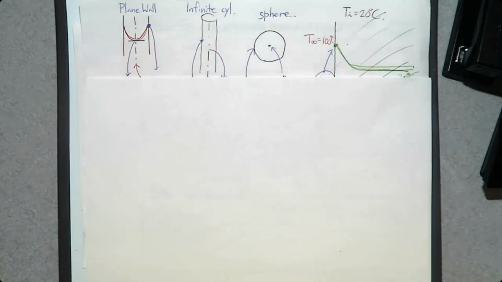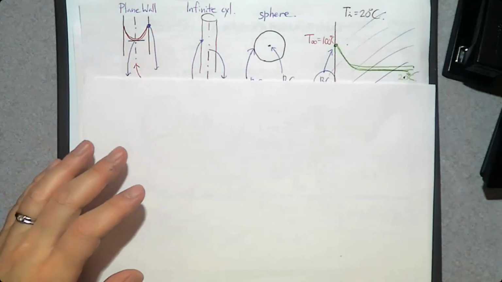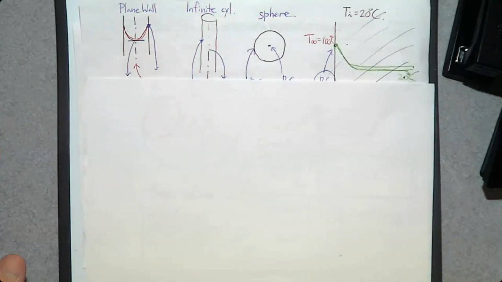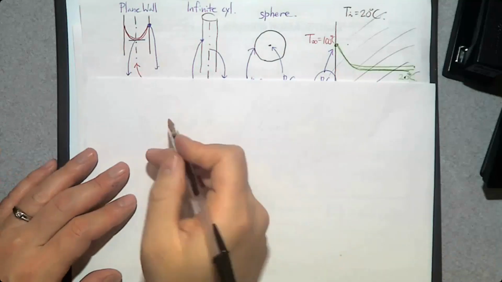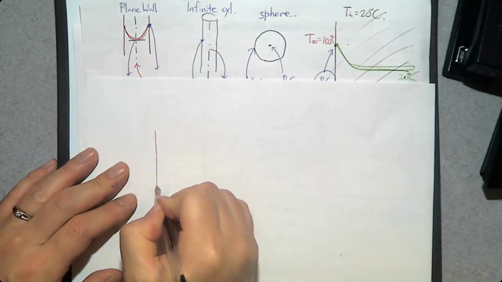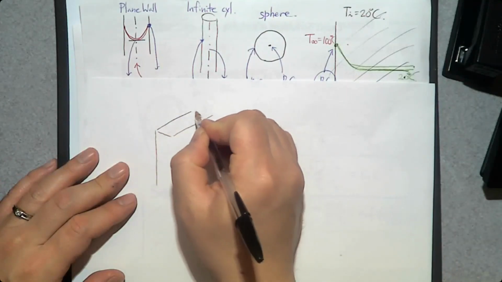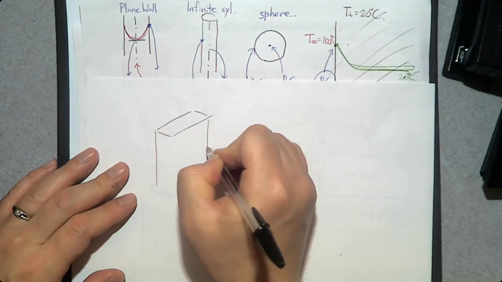However, not every engineering system looks like a plane wall, infinite cylinder, or sphere. So what about if you want to study, let's say, this cell phone? Then this cell phone looks like a cube. So this is the cell phone.